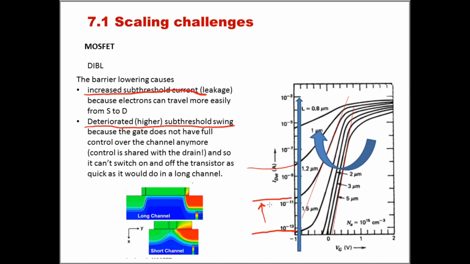And so this means that the gate is no longer able to switch quickly the MOSFET from the off condition to the on condition, and vice versa. And this obviously is related to the fact that the gate is losing control as we shrink. The transistor is losing control of the channel.